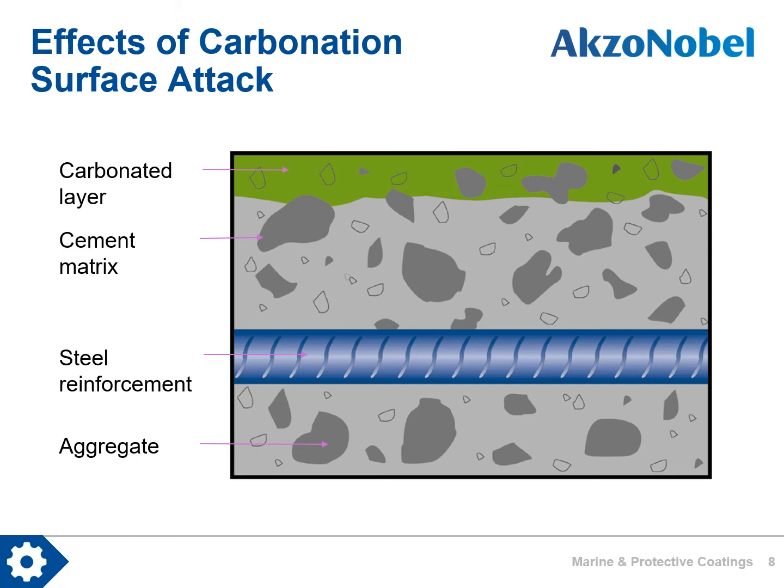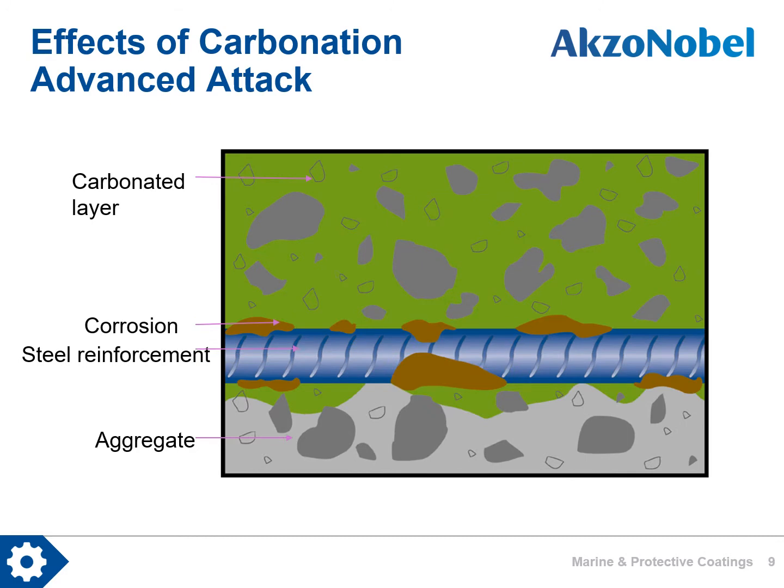The green portion at the top of the slide is the carbonated layer, which has already been influenced by atmospheric carbon dioxide to reduce the alkalinity. However, this has not penetrated the depth of the cement matrix through to the steel reinforcement. Hence, the steel is held in a passive state and no further deterioration occurs.